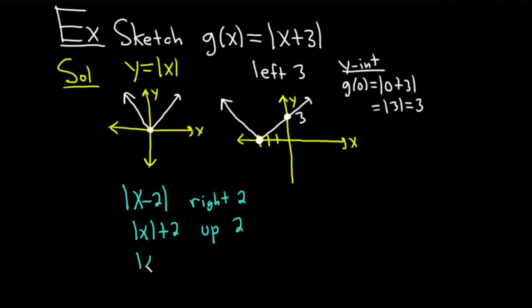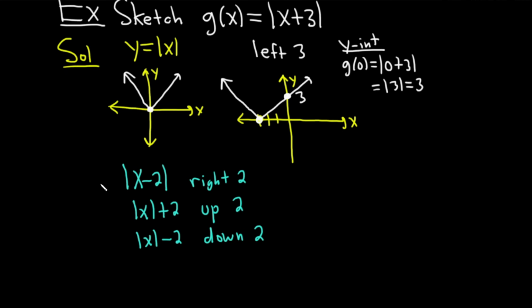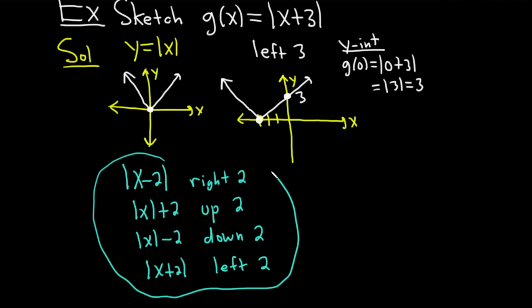If you had the absolute value of x and then a minus 2 on the outside, it would be down 2. And of course, if you had the absolute value of x and a plus 2 on the inside, it would be just like our example here. It would go left 2. This is extremely useful to know and quite helpful when doing these types of problems.